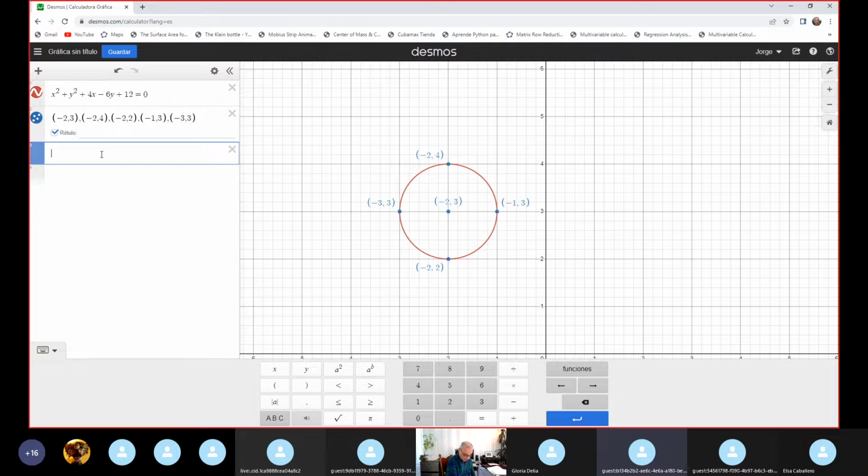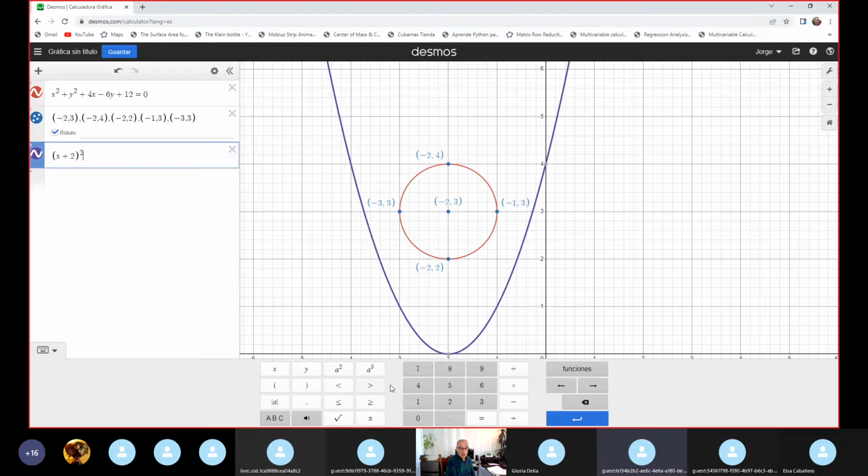The standard form was parenthesis x plus 2, close the parenthesis, square, plus parenthesis y minus 3, close the parenthesis, square, equal 1, no? Remember that the radius is 1.